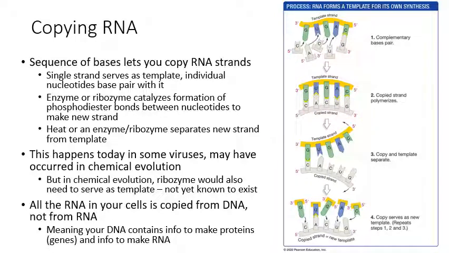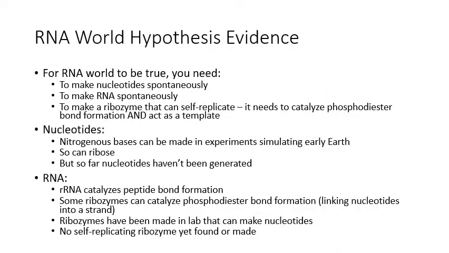So we don't know of a ribozyme that can do that. Theoretically, maybe one could exist, but it hasn't been discovered yet. So that's probably the main piece of evidence for the RNA world hypothesis that is missing right now. We don't have a ribozyme identified that can serve as a template and as a ribozyme that copies itself at the same time. So here we have a summary of our evidence for the RNA world.